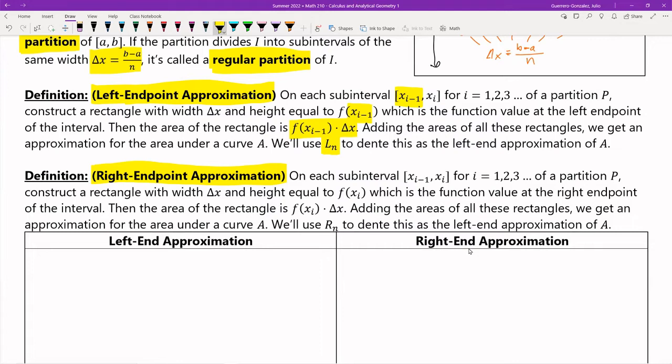So now let's get to the right endpoint. On the right endpoint, we have the same start: on each subinterval [x_{i-1}, x_i] from the partition P, we're going to construct a rectangle with the width delta x, so the same width, but in this case, the height is f(x_i). It's going to be the right end of the interval that you just created, okay?